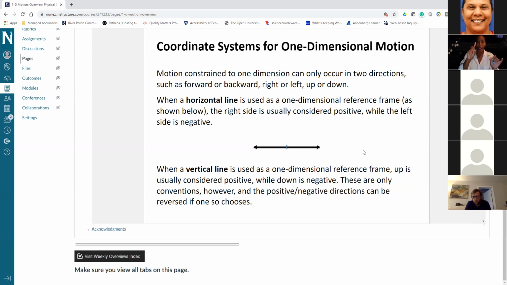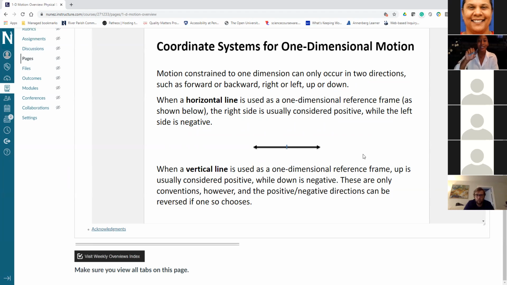Just like using an arrow is a simple way to represent a vector, using the coordinate system for 1D motion is a simple construct because we can utilize a number line to help us.